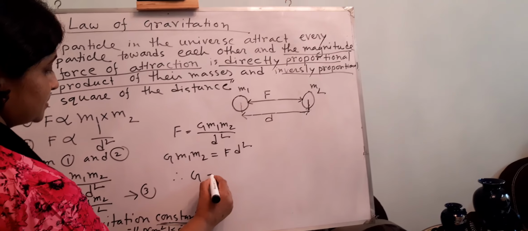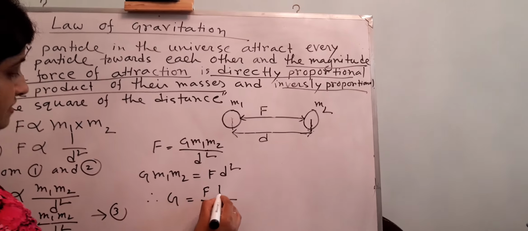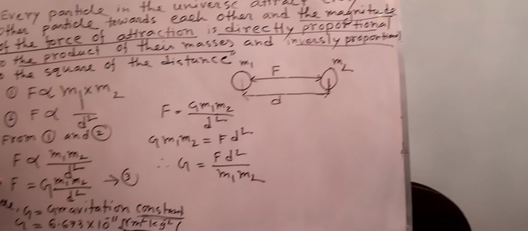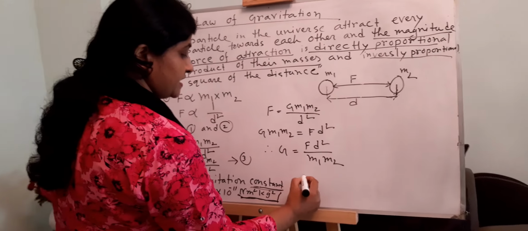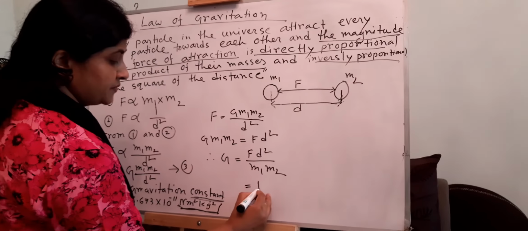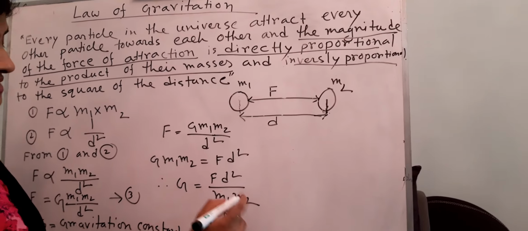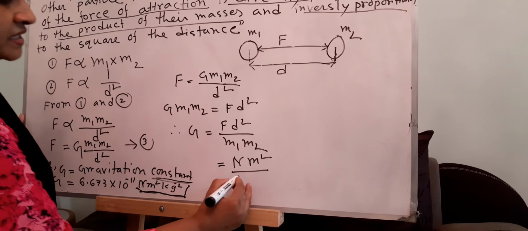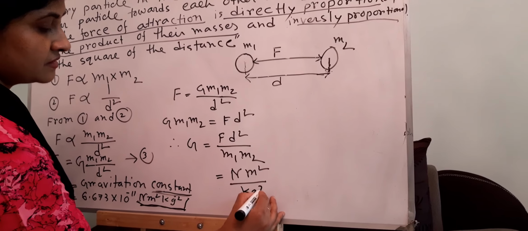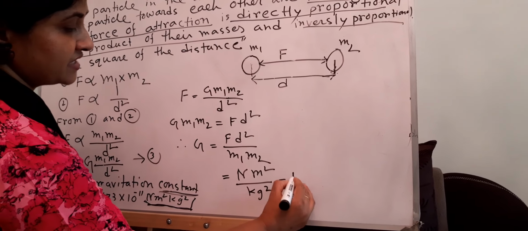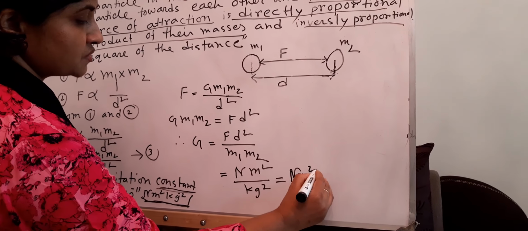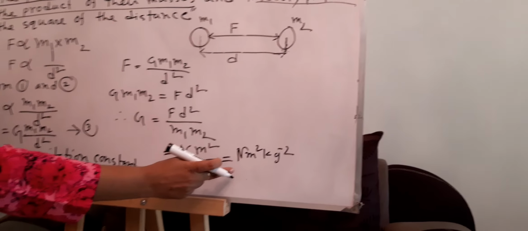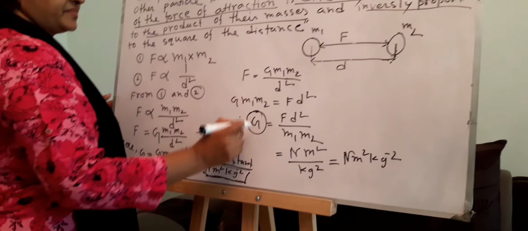So G is equal to F d square divided by m1 m2. Now putting the units: F unit Newton, d distance meter square, and there are two masses, so kg square. If I simplify this, we can write Newton meter square per kilogram square. This is the unit of the gravitational constant.